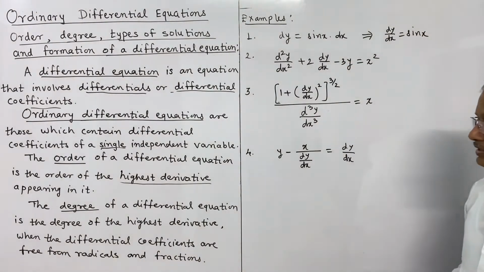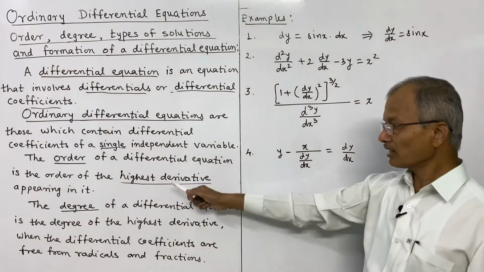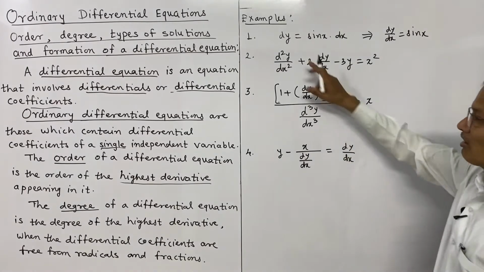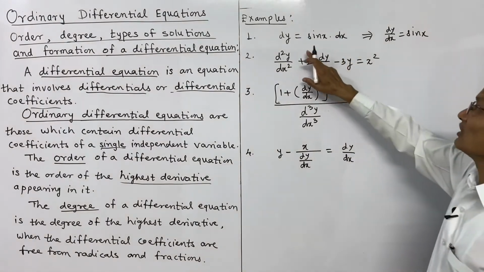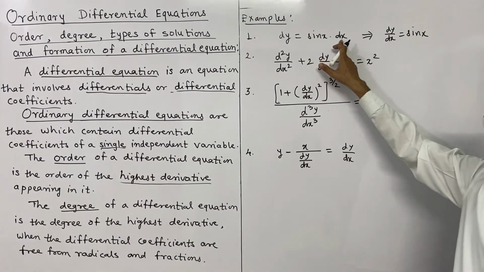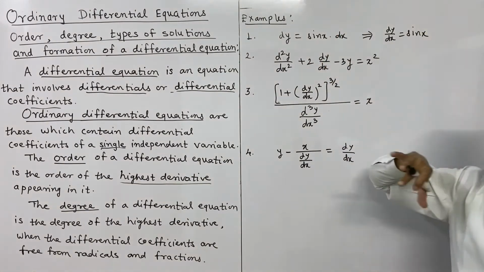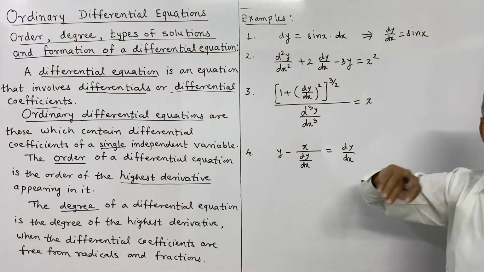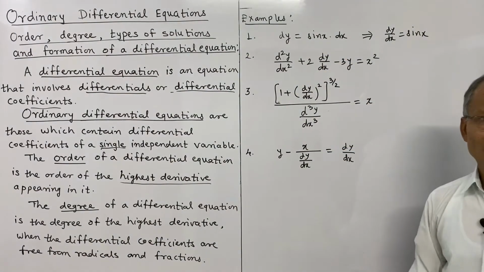And now we shall decide the order. Now order is the order of the highest derivative involved in it. So this is the differential of first order, and that is the highest order differential involved in the equation, and therefore the order of this differential equation is 1.